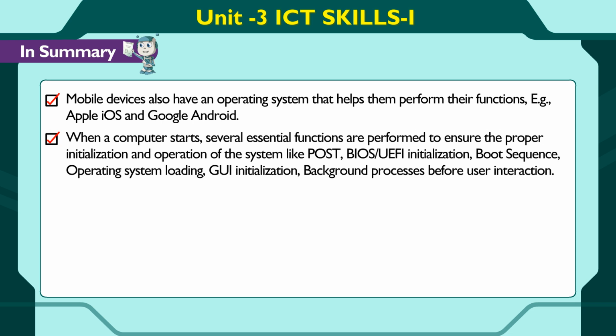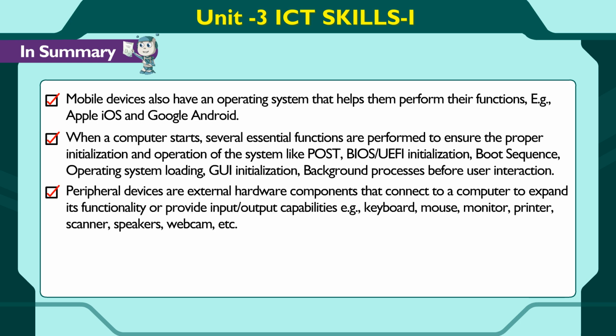When a computer starts, several essential functions are performed to ensure the proper initialization and operation of the system, like POST, BIOS or UEFI initialization, boot sequence, operating system loading, GUI initialization, background processes before user interaction.